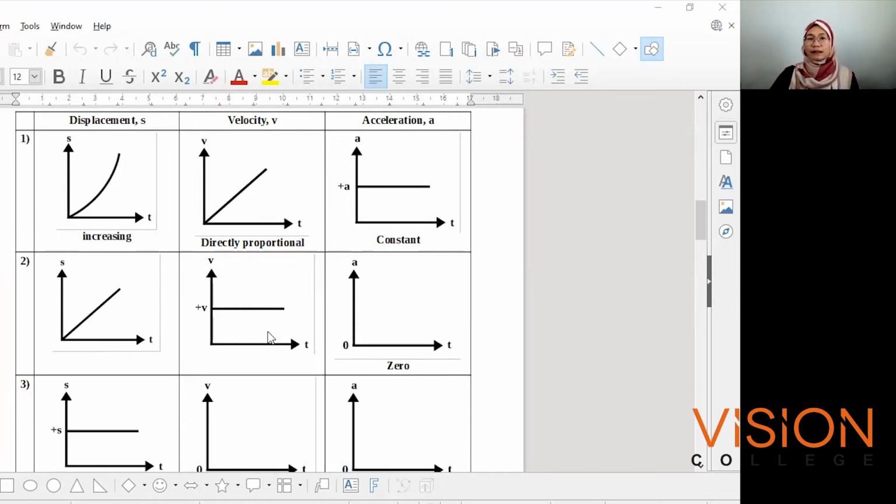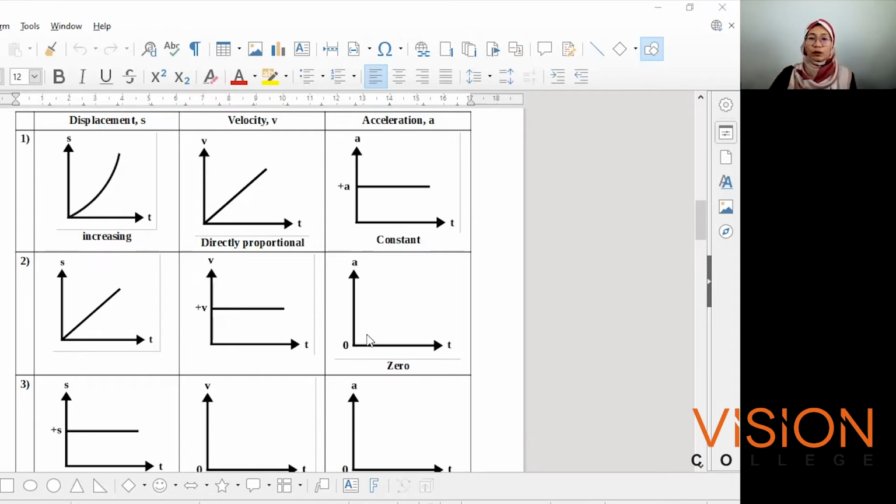How do I know? Because this is how it relates. Anything that is directly proportional, the parameters after that will be constant. So if displacement is directly proportional, the velocity will be constant. If the velocity is directly proportional, acceleration will be constant. Okay, so what if the velocity is constant? What happened to the acceleration?